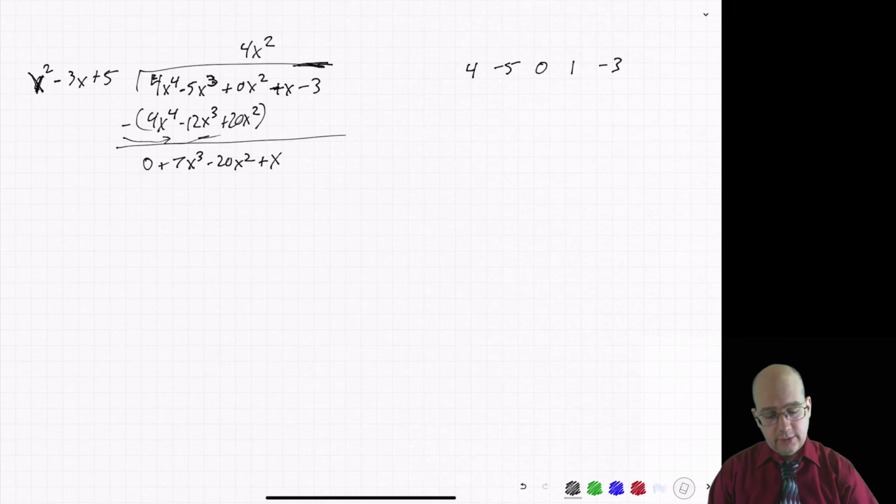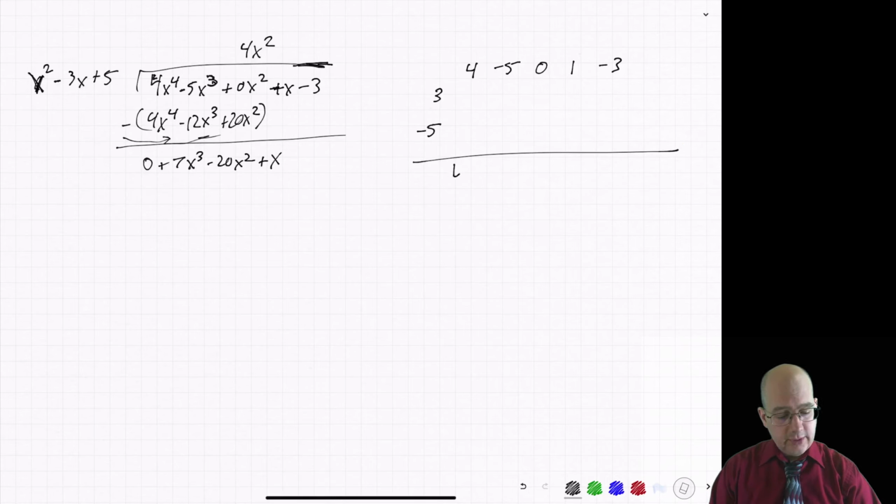On the left, we do the negative of the coefficients. Again, the leading coefficient is 1, and the beauty of this method is, because it's 1, a lot of things happen that we don't have to compute, and so we can drop it. So we've just got 3 and minus 5, opposite signs from the coefficients that are there.